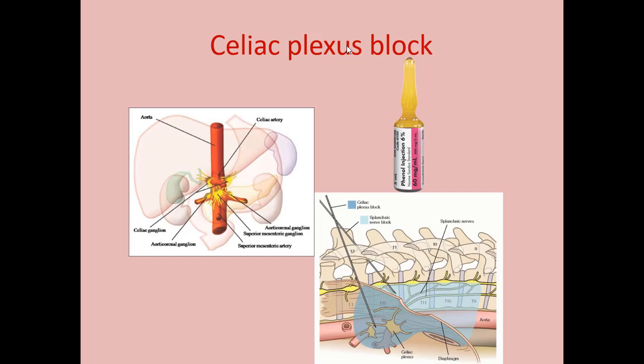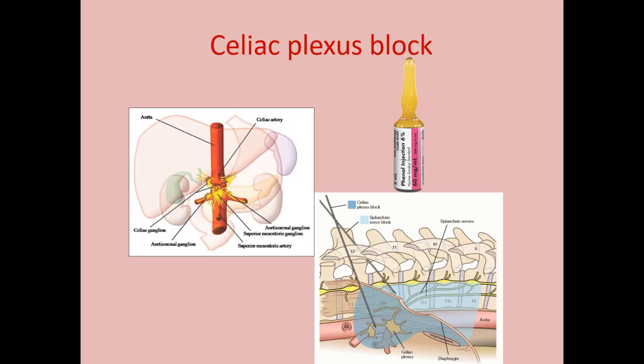So if you block this, you can stop the pain arising from these areas. Specifically this is used for pancreatic cancer and even gastric cancer, and sometimes for severe refractory chronic pancreatitis as well.